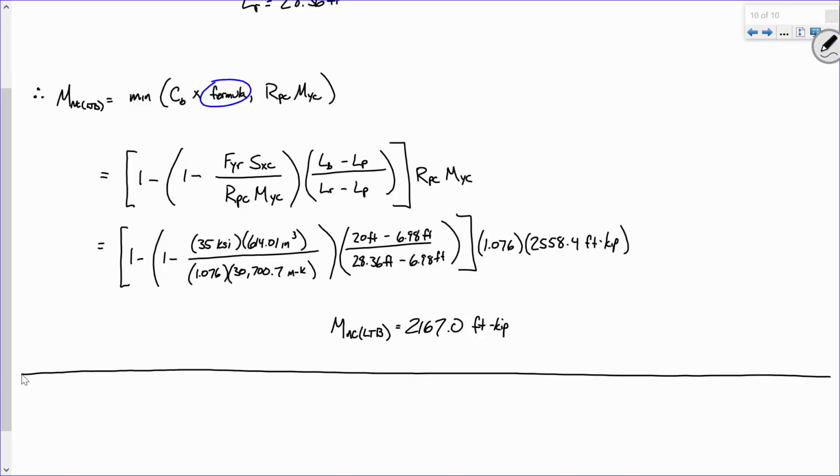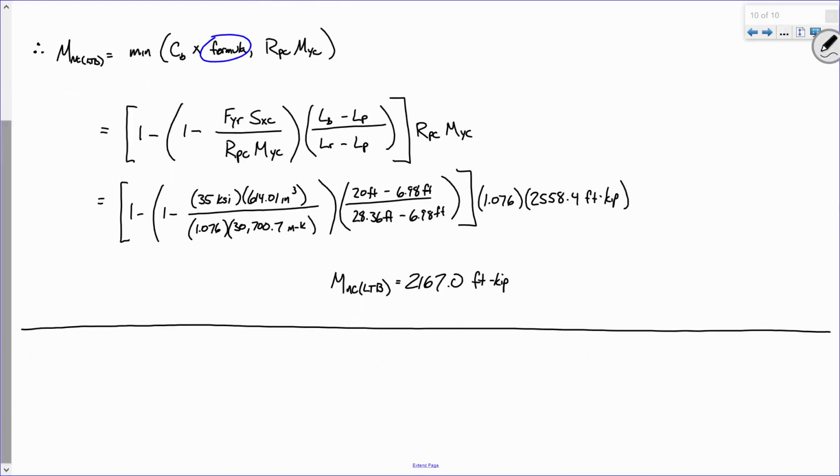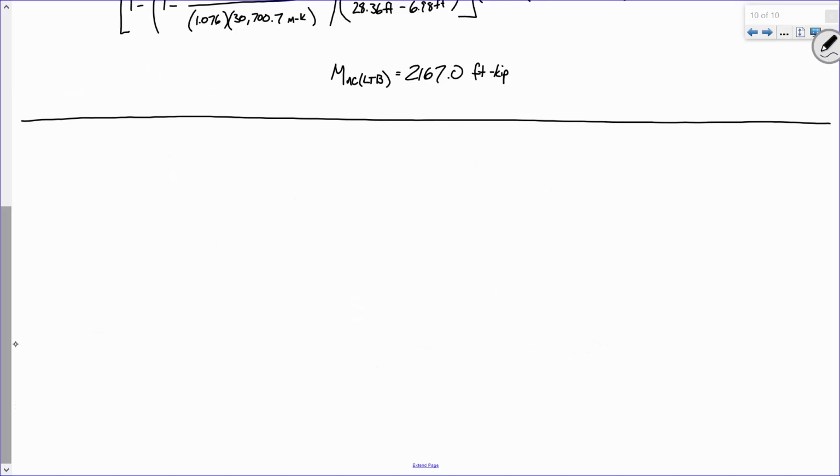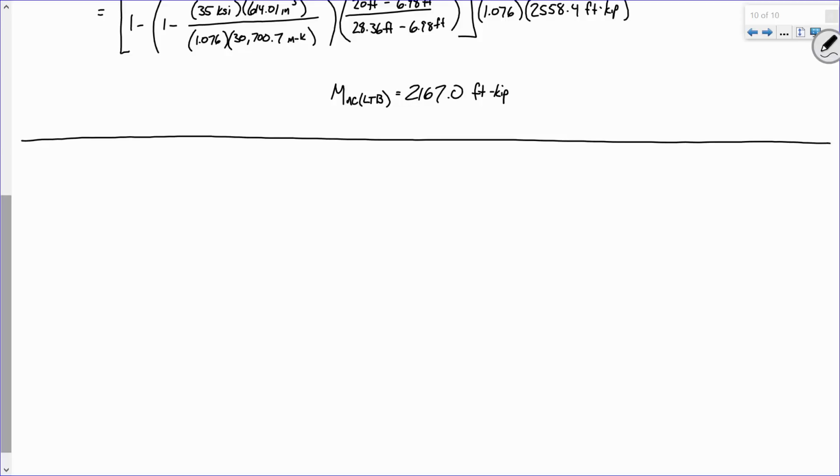The last thing I want to do is tension flange yielding, which is really simple. All it is, the moment capacity of the tension flange is RPT times MYT, and that's it.